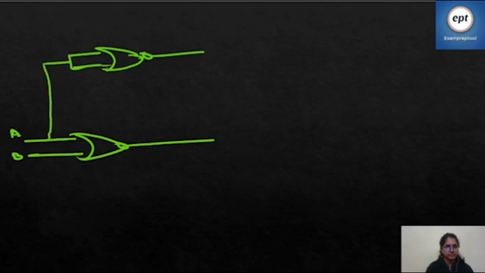Then here it will be from NOR, like this. We'll take the input from here A, and here from B, so the input will be like this.